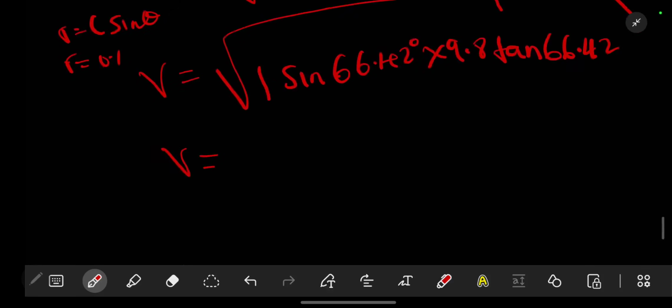So our v should be equal to, multiply what is inside, press everything together.